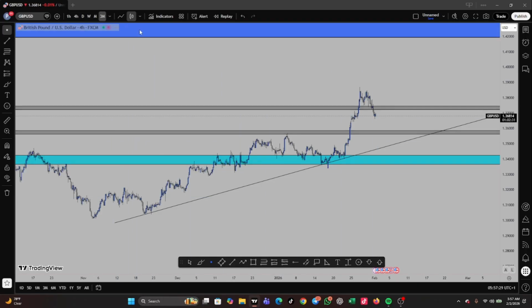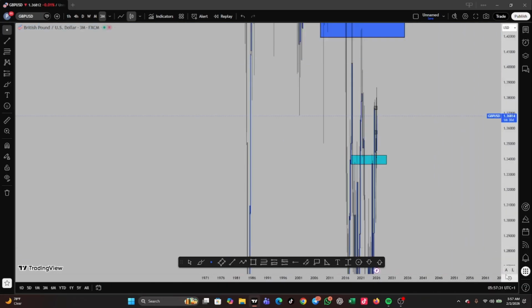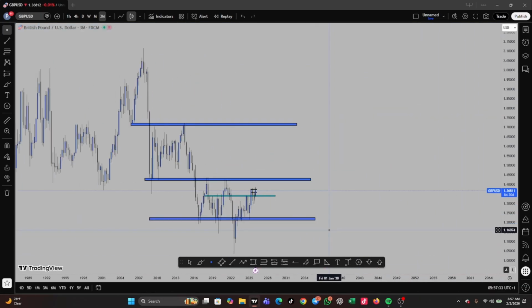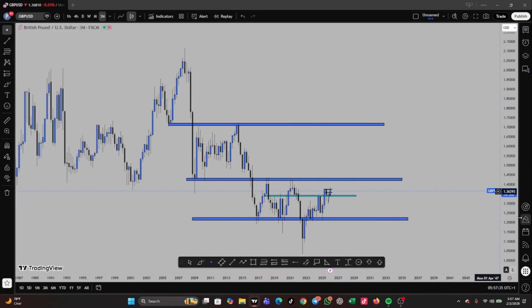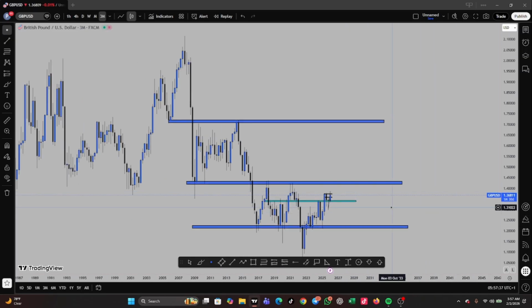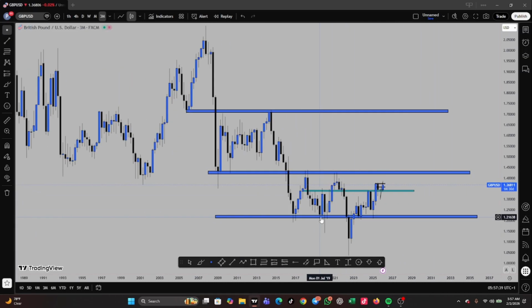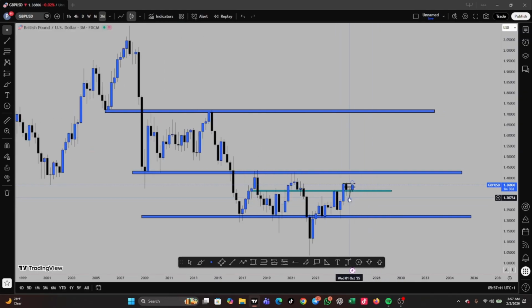So we first go to the 3-month chart. As a swing trader, I want to have an overview of what is really going on in the market.